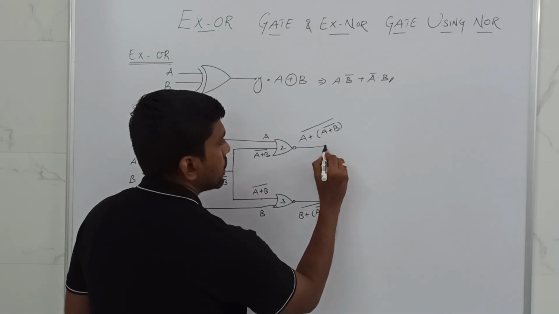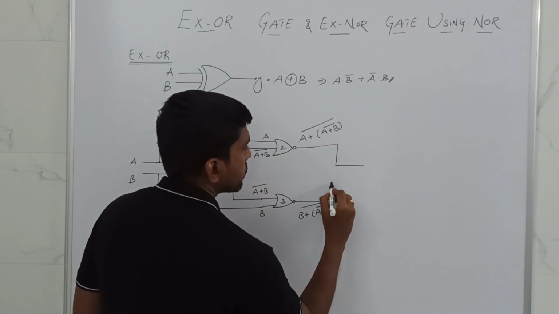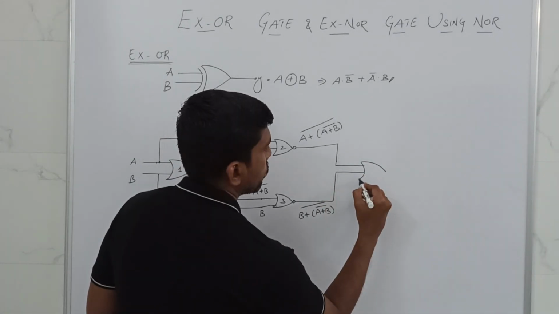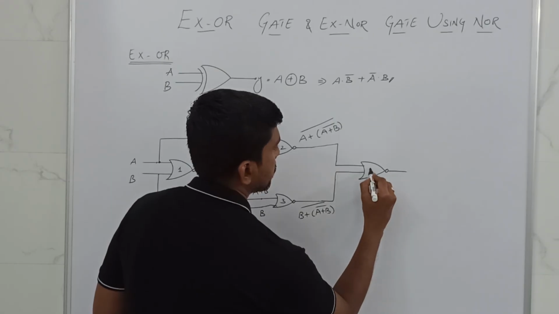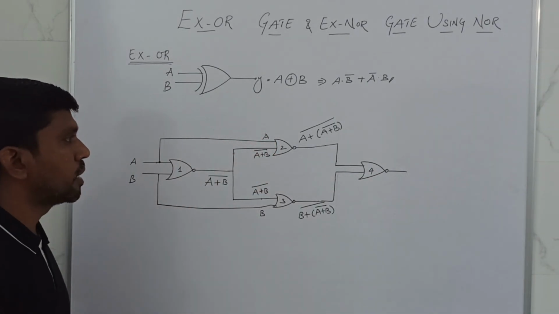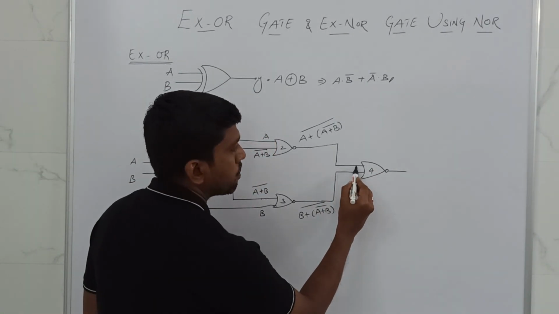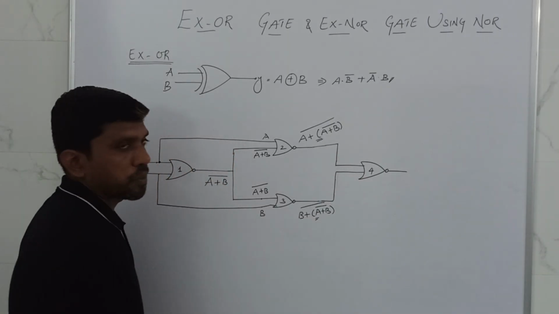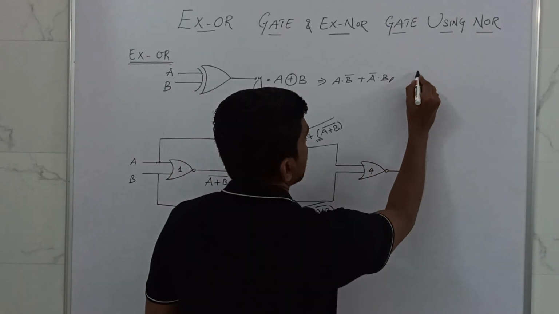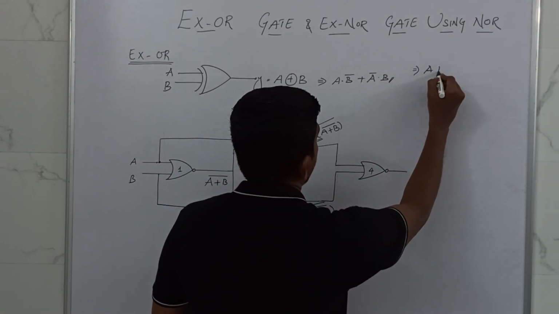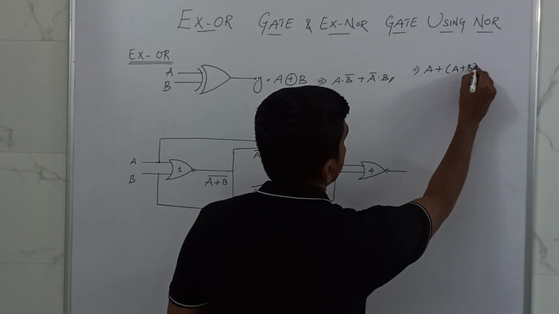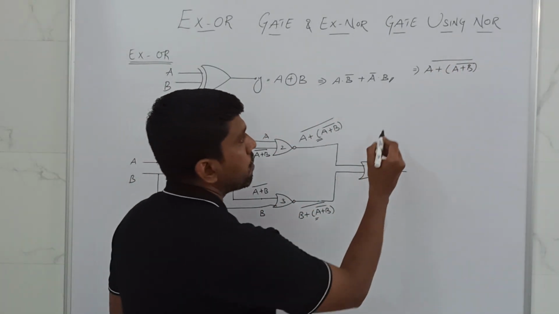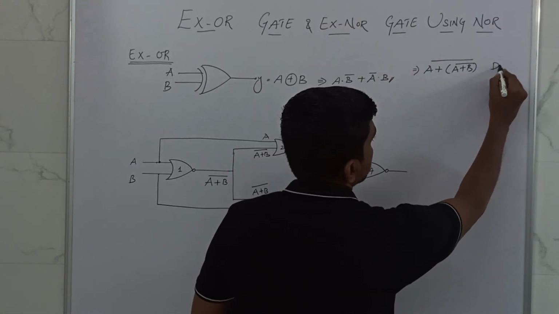Then these two outputs are given to the input of the fourth NOR gate. This is the fourth NOR gate. Before applying the input to the fourth NOR gate, you just simplify these two expressions. First, simplify the expression A plus B bar, then whole bar, by using De Morgan's theorem.